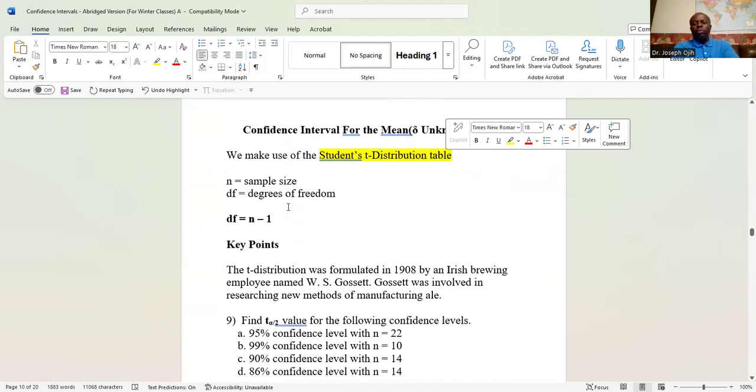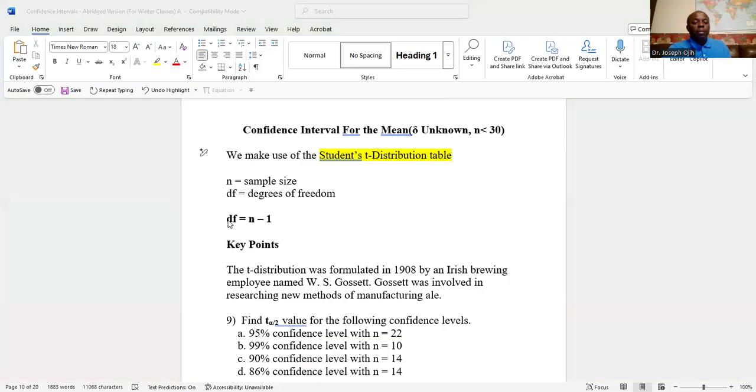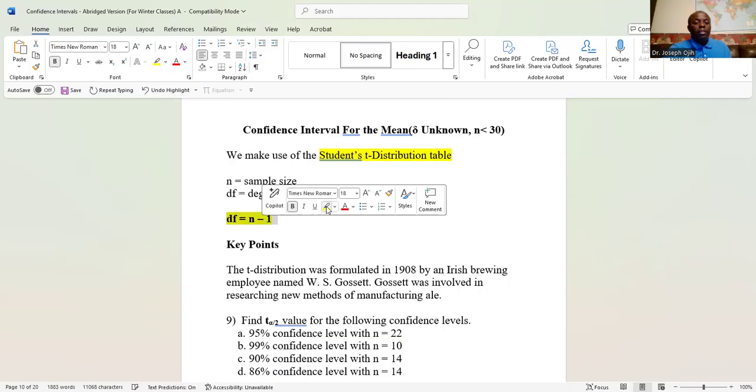The t-distribution was developed in 1908 by an Irish brilliant professor whose name is W.S. Gosset. To find the degree of freedom, we use this simple formula n minus 1, where n is the sample size.